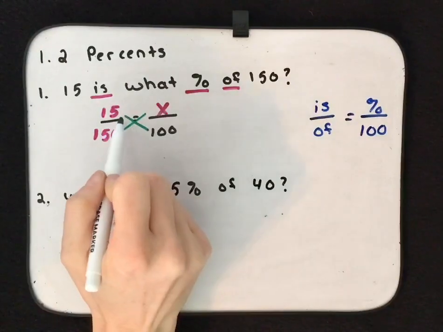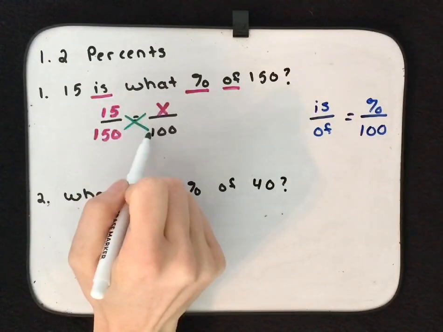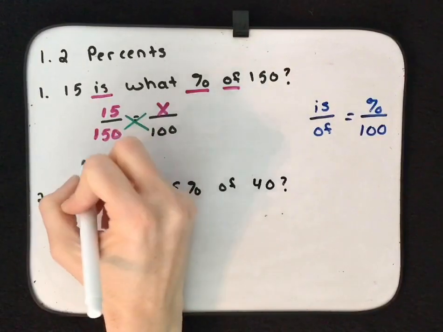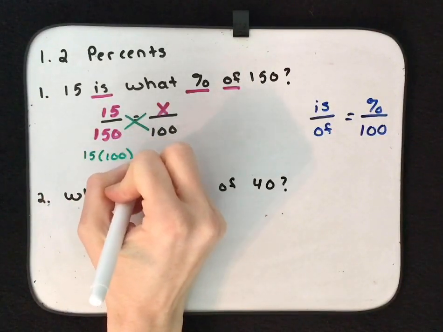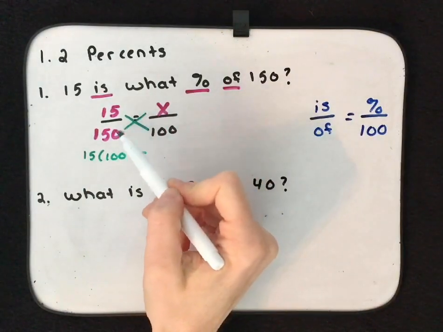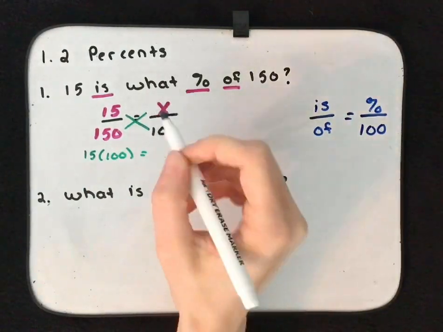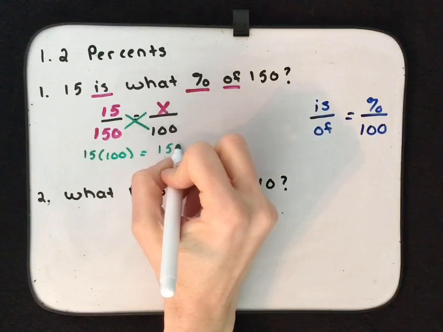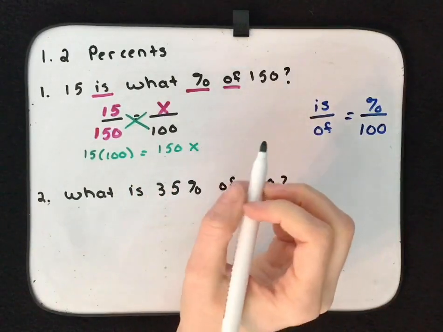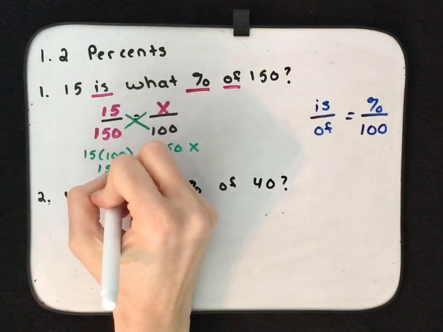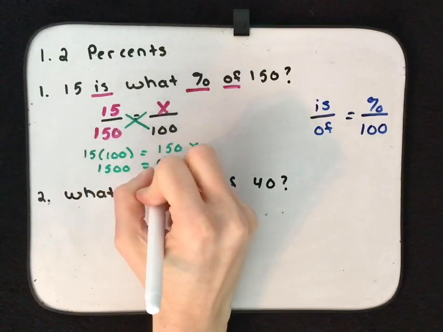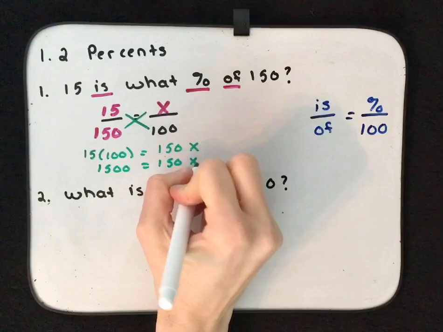So this line right here has 15 on one end, 100 on the other. So that means we have 15 times 100 equals, this line right here has 150 and x. So 150x. Now we can multiply this together. So we have 1500 equals 150x.